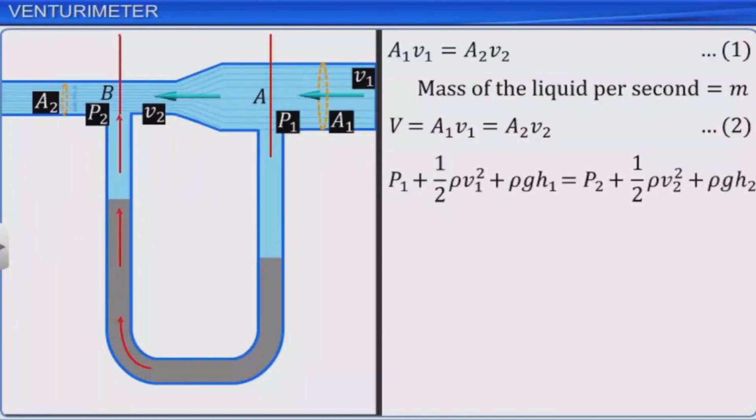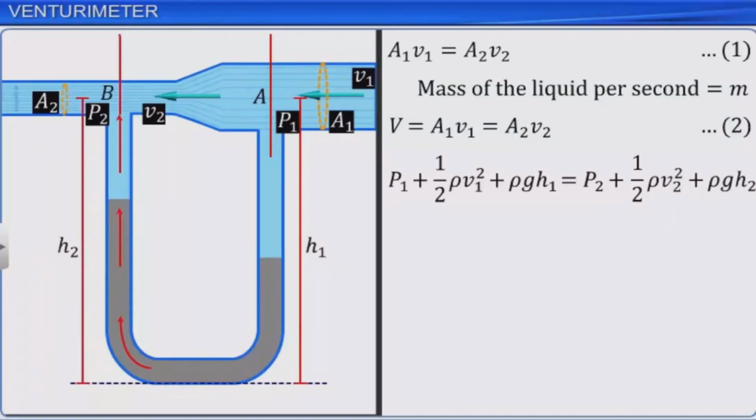As the vertical height of the liquid element flowing through the tube is constant with respect to a reference level, we have H1 equal to H2, and hence Bernoulli's equation takes the form as shown in equation 3.